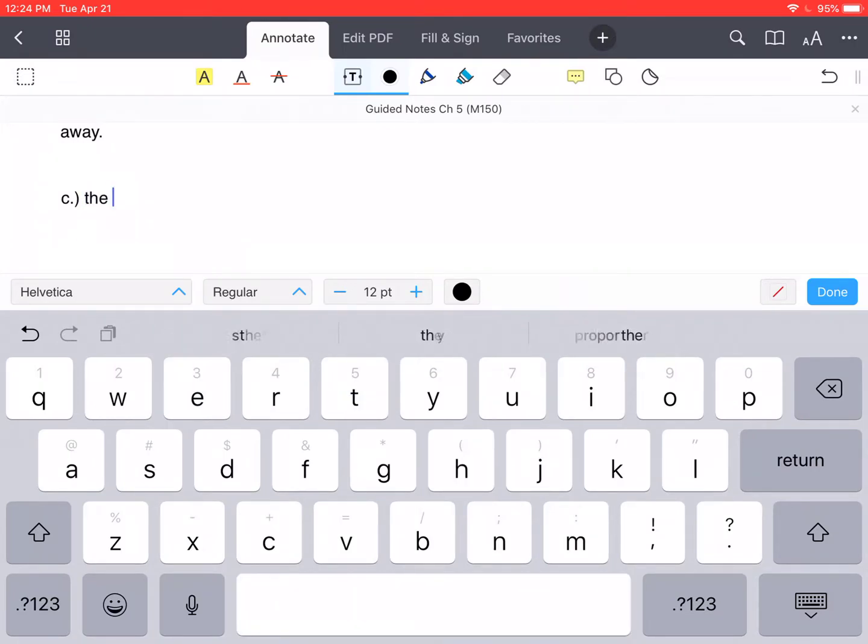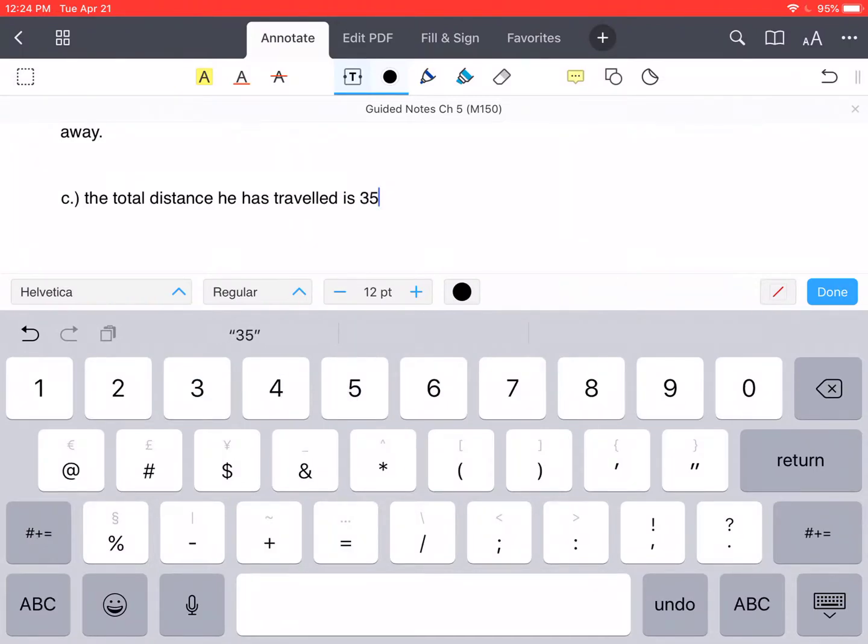So the total distance he has traveled is going to be, he started off 50 miles away from home, but he drove 35 miles towards home, plus then he drove 105 miles away from home.